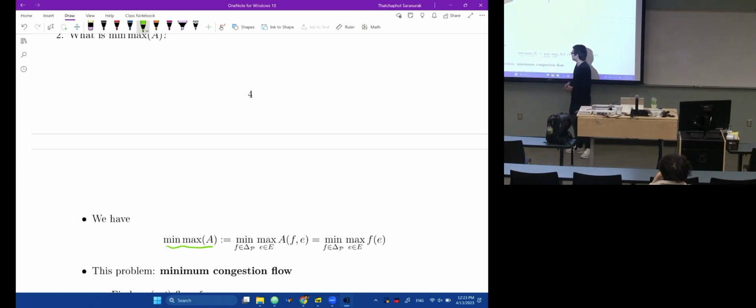Now a distribution over columns is a distribution over ST paths.